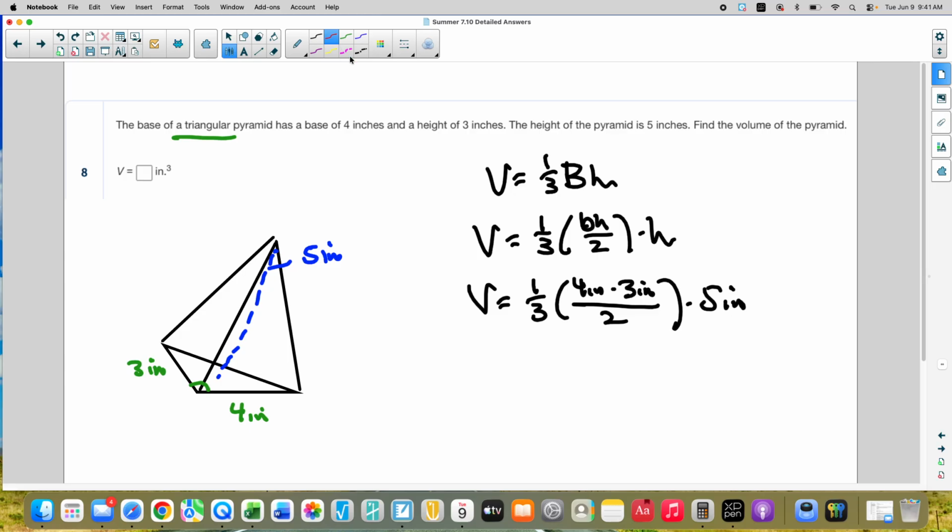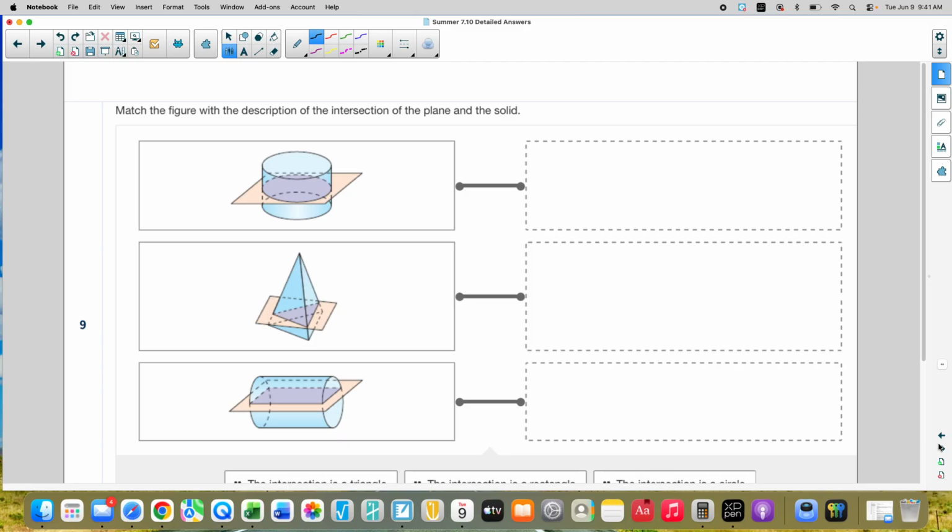We again see that we have a denominator and numerator that are identical. And now we also have 2 and 4, so that becomes 2. So we have 2 times 5, which is 10. Inches times inches times inches is inches cubed. So this volume is going to be 10 inches cubed.